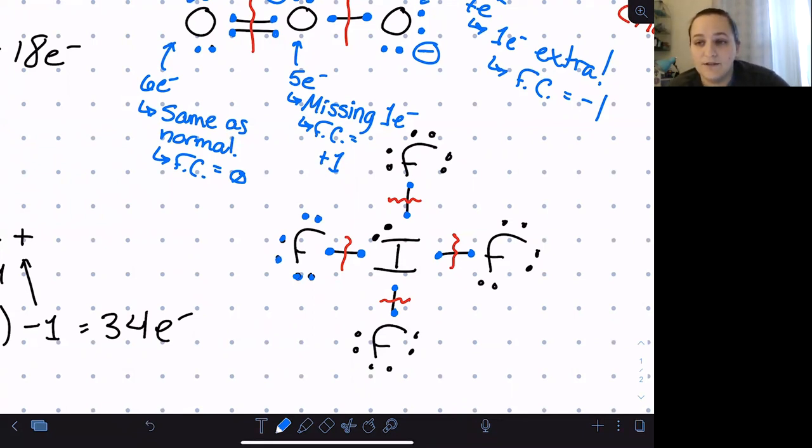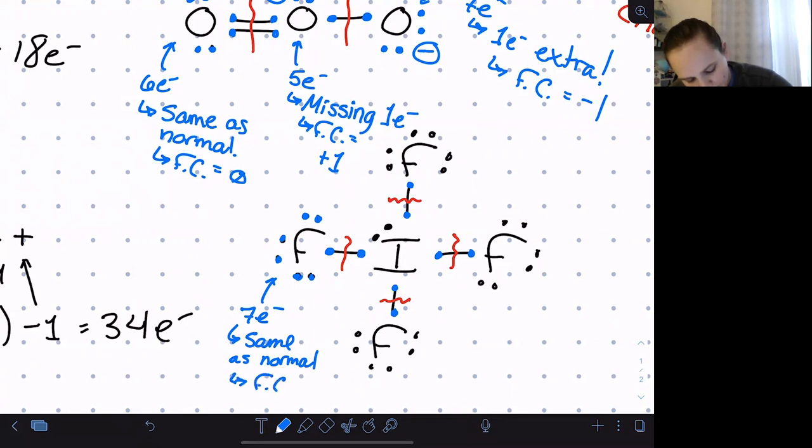They all look pretty much the same, so they're all going to have the same formal charge. All of our fluorine atoms are involved in 1 single bond, and they have 3 lone pairs, which gives them a total of 7 electrons, which is the same as their normal number of valence electrons. So the formal charge of all of the fluorine atoms in this ion is equal to 0.